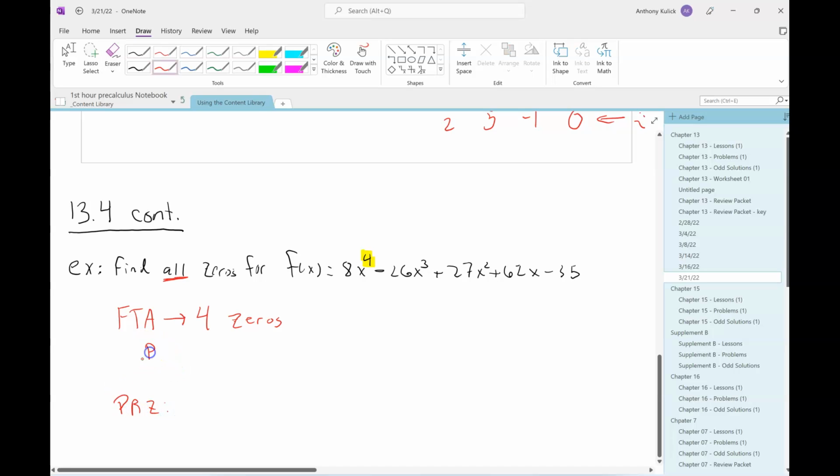Remember, your possible rational zeros are in the form plus or minus p over q, where p are the factors of the constant term, and q is the factors of the leading coefficient.